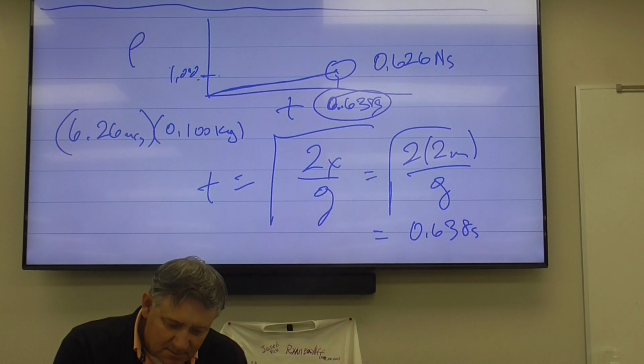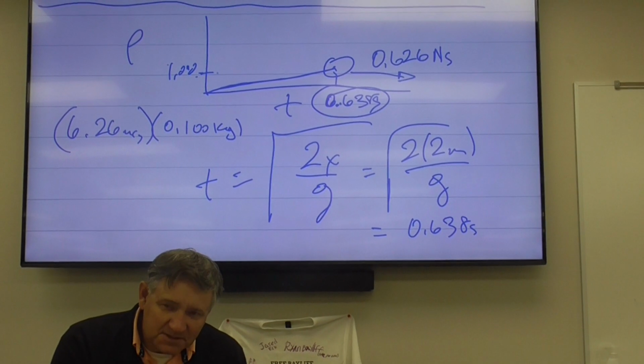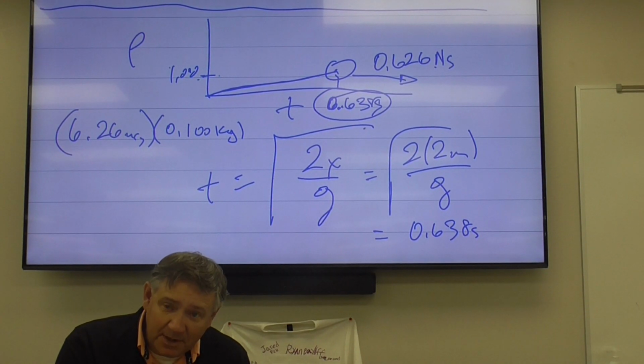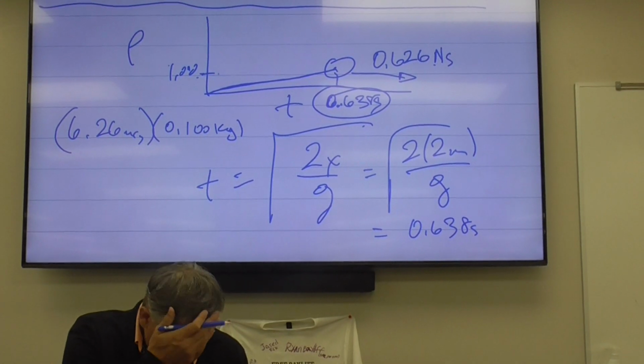What does the slope equal? Force. What's the area under? I got it about 1. Exactly. You took 0.626 and divided by 0.638 and got exactly 1. No, I took 0.638 and divided it by 0.638, which is not what I was supposed to do.